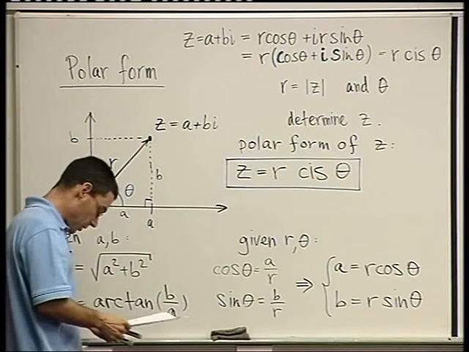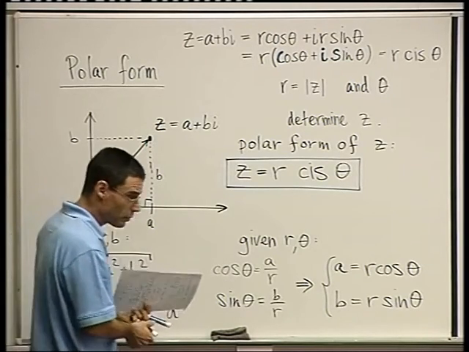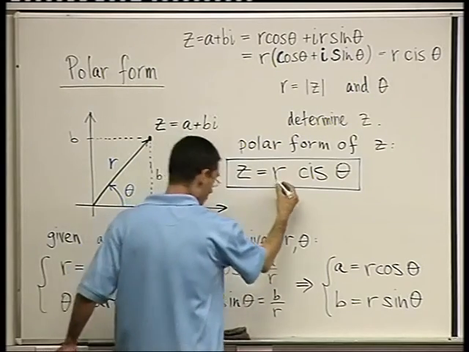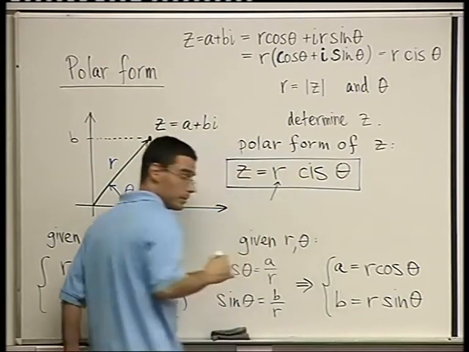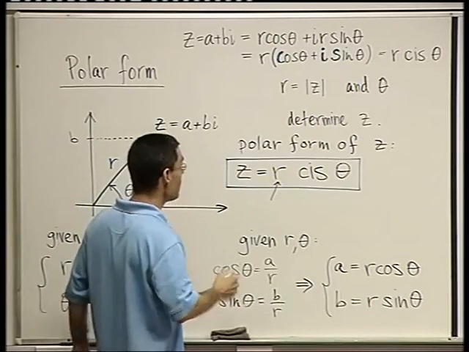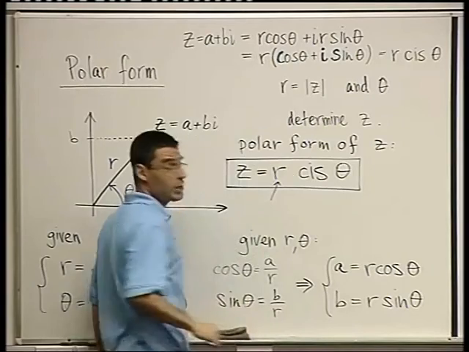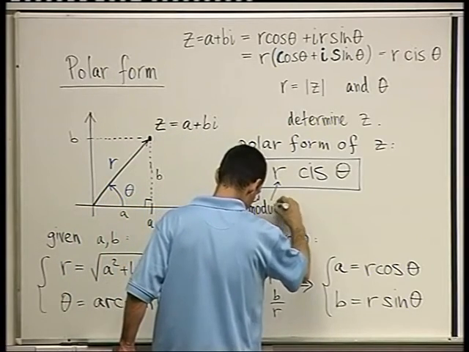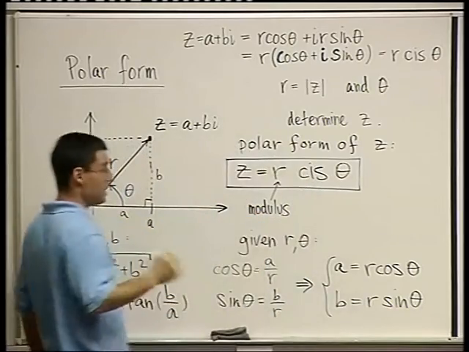Just some terminology that we should add. R is called, does anybody have a guess? Very good. R is called the modulus, because that's what it equals. So R is called the modulus of z.